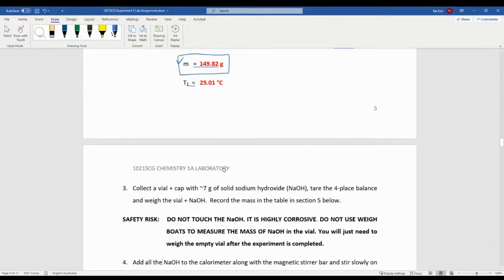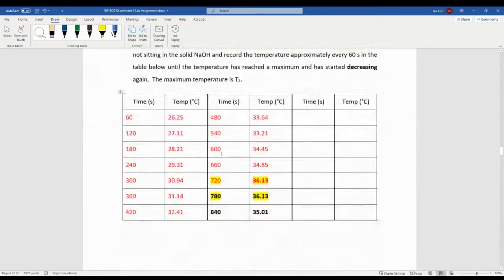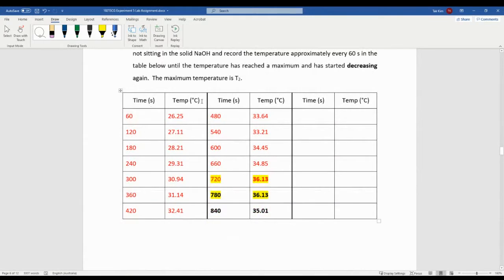When you follow the instructions, today the first task is to find the maximum temperature, or final temperature. Since we are trying to find the maximum temperature, you don't have to worry about this one. Your maximum temperature, either at 720 seconds or 780 seconds, will be your final temperature.